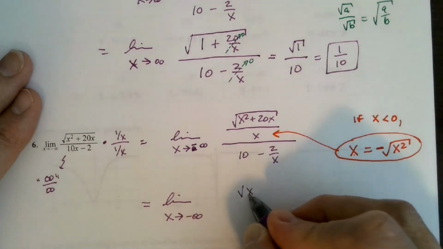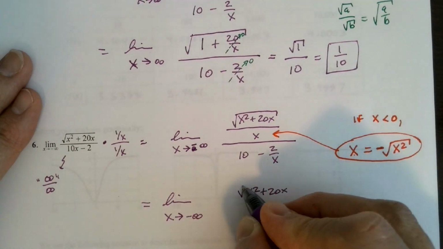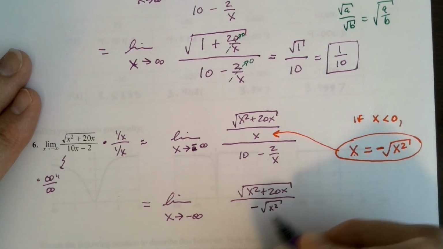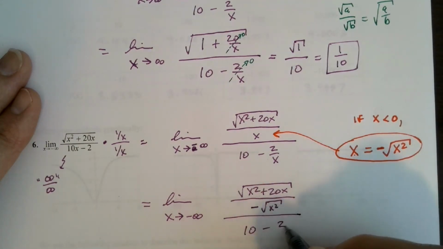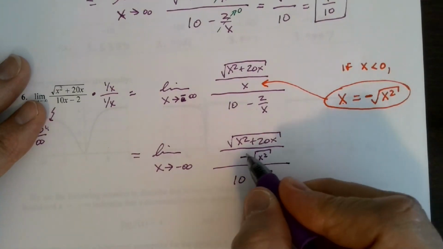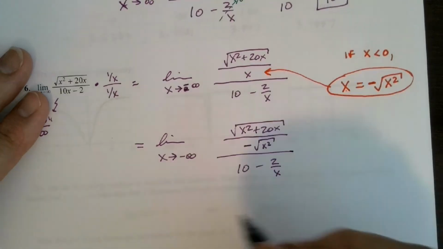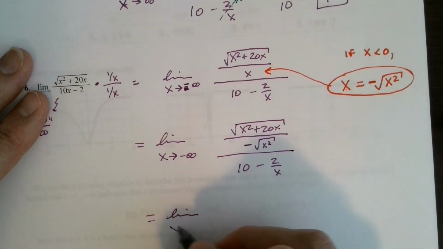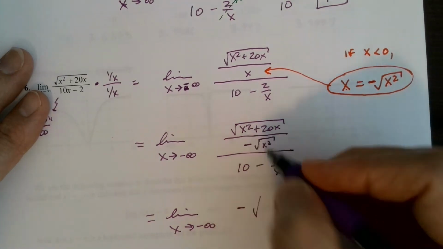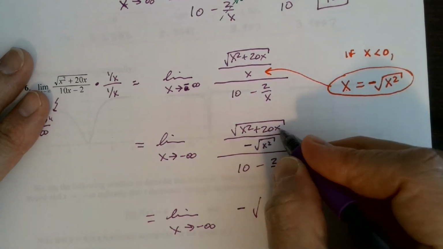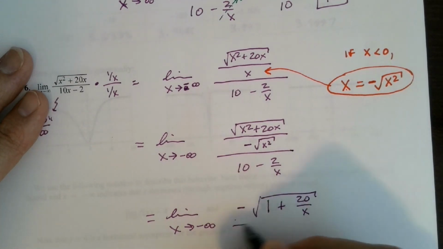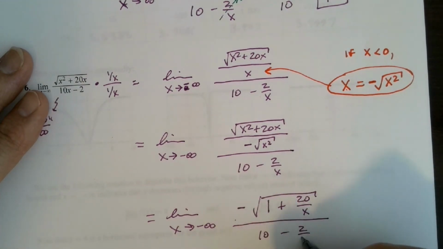So I've got the square root of x squared plus 20x now over negative the square root of x squared. And now I can bring these under, divide this way, but this negative sign is going to make the top negative. So it's going to be negative the square root. Now x squared divided by x squared is 1. 20x divided by x squared is 20 over x. So everything's the same. It's just this negative 1 out here that is different in this case.